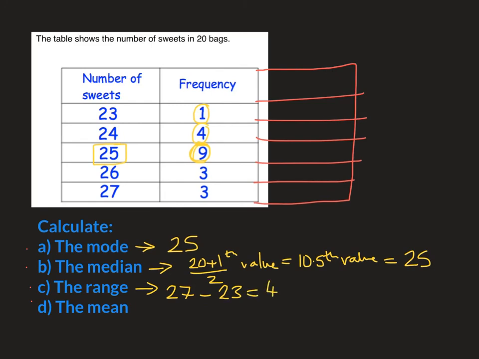And finally the mean. So I need this final column, so I'm going to do the number of sweets times the frequency. So 1 times 23 is 23. 4 times 24 is 96. And there's the rest filled in.